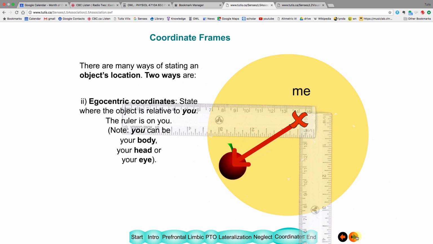In contrast, another way of representing things is relative to you, not an object, where they are relative to you. And here is me, and this apple is so far this way and this way with respect to me. And me can be a variety of things. It could be your head, your eye, or your body.